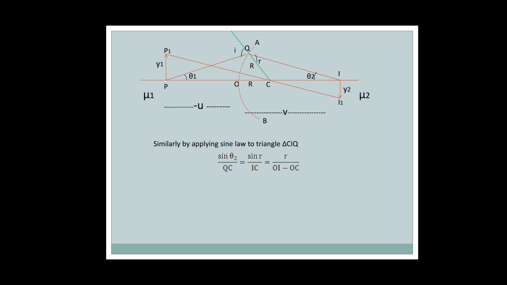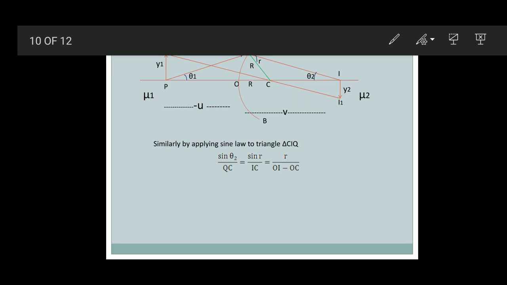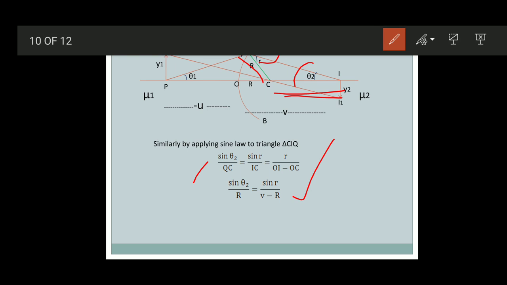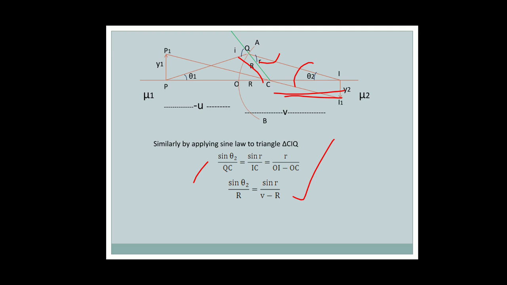According to the sine law, sin theta 2 by the opposite side QC is equal to sin r by IC. QC is equal to capital R, and IC is equal to OI minus OC, that is equal to v minus R. According to this, sin theta 2 by sin r is equal to R by (v minus R). That is one more relation.